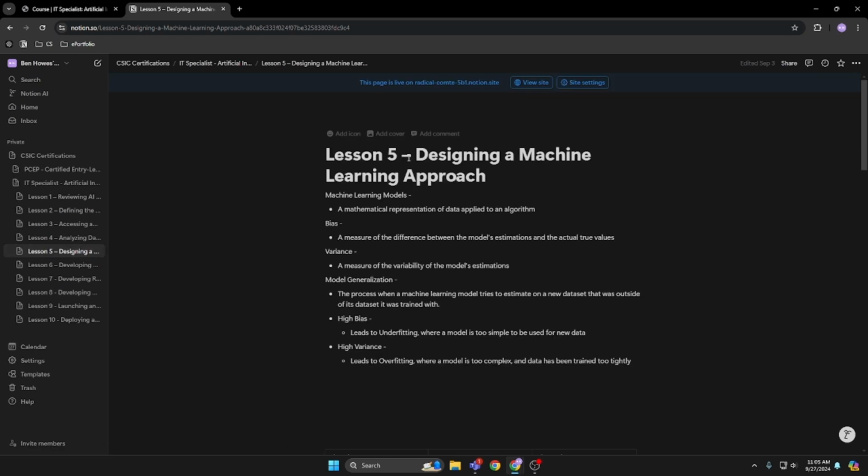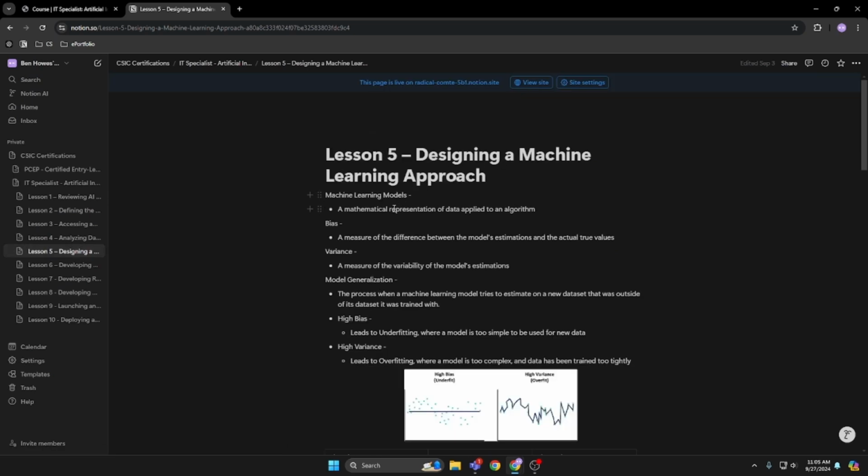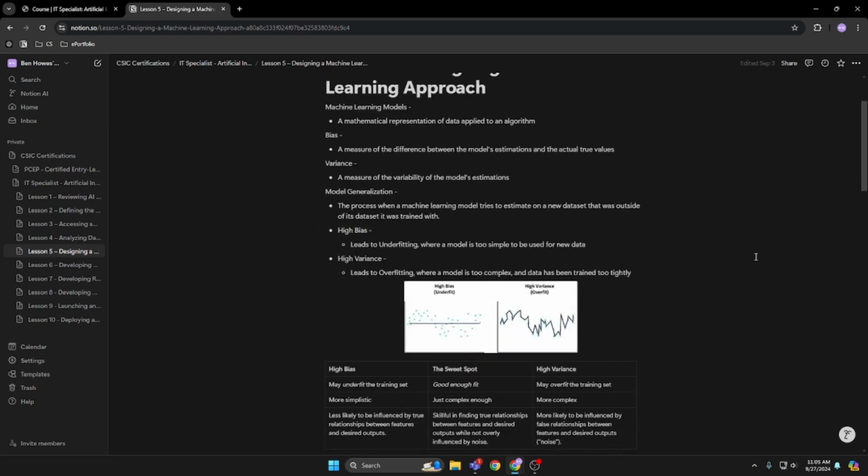Lesson 5, we moved on to designing a machine learning approach. It explained things like bias and variance, and making sure that your machine learning process is fit well to your data. Obviously, you don't want it underfit, or else it will be very inaccurate, or you don't want it overfit, because then it'll try to fit your data or your question into something that's not supposed to be, pretty much.